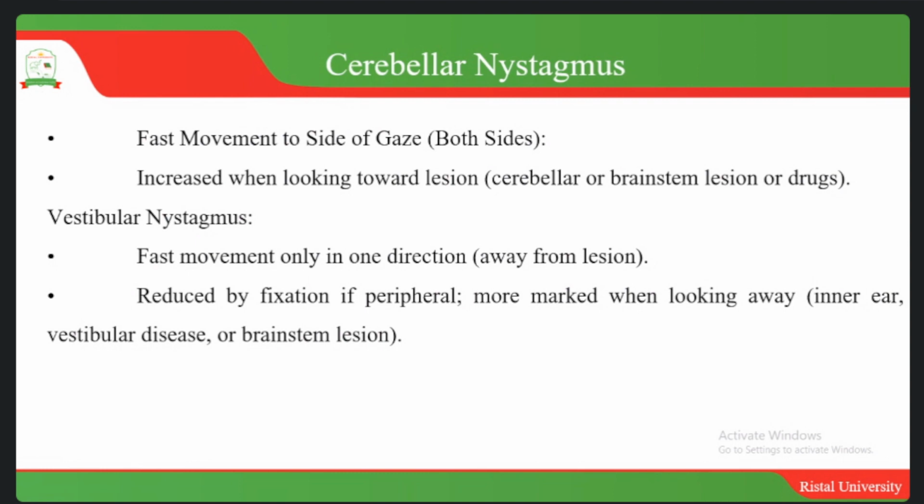So if it is a peripheral kind of problem, then the patient may not be able to look at something which is away from them. So you have to look at this and you will be able to know that the patient has a problem, whether in the inner ear, or the patient has a vestibular disease, or the patient has a brainstem lesion.